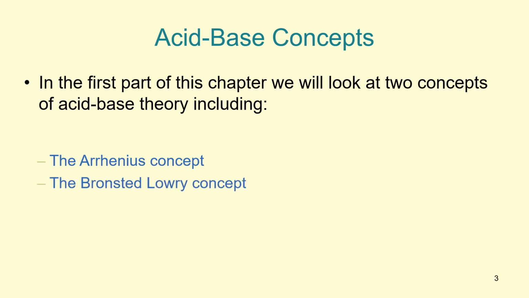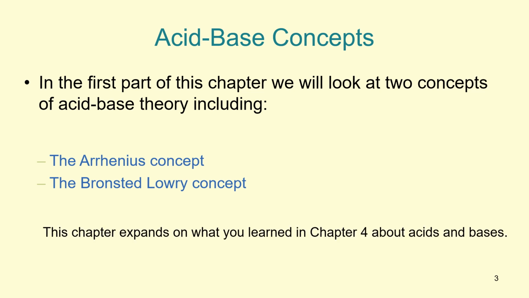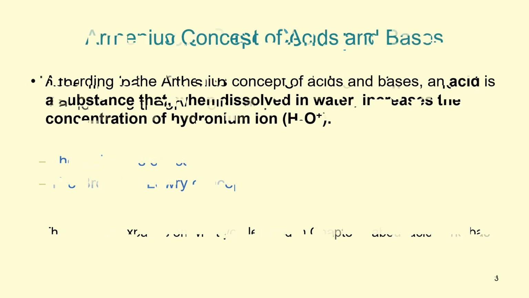And then we're also going to talk about the Bronsted-Lowry concept, or the Bronsted, sometimes Lowry gets dropped, the Bronsted-Lowry idea of what is an acid and base, which is more encompassing and a better definition of acids and bases. So you may or may not remember back in chapter 4, we talked very briefly about acids and bases, and now we're going to get much more into detail in this chapter.